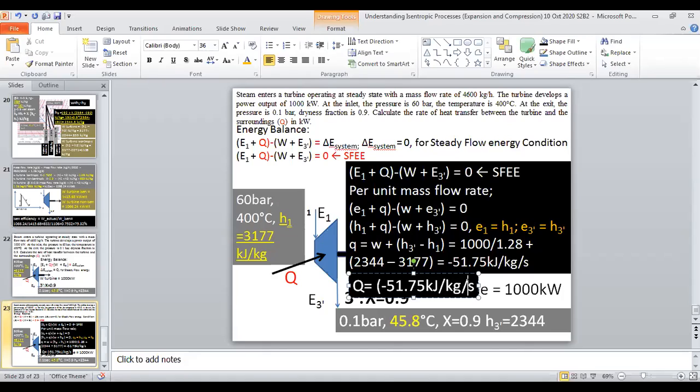This one, per kilogram per second, you see. 1.28 kilogram per second.